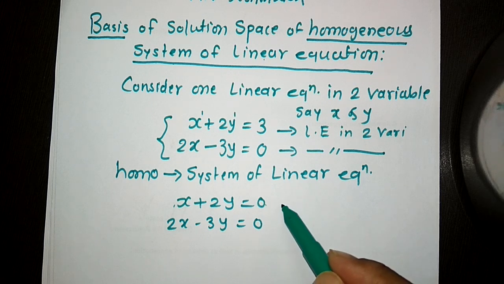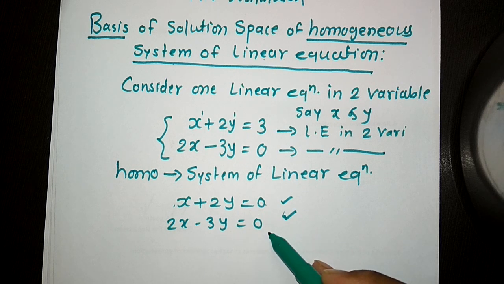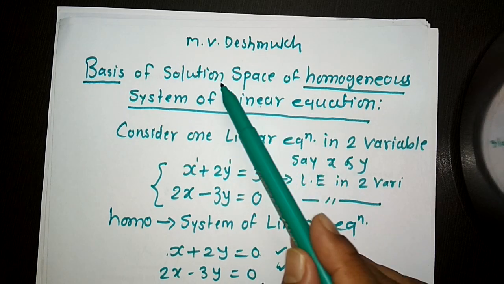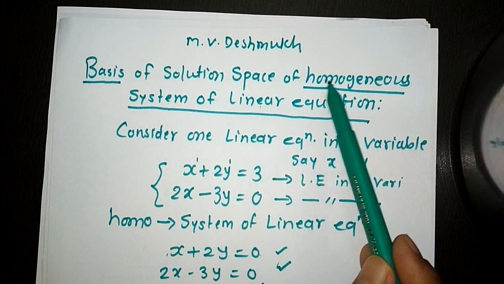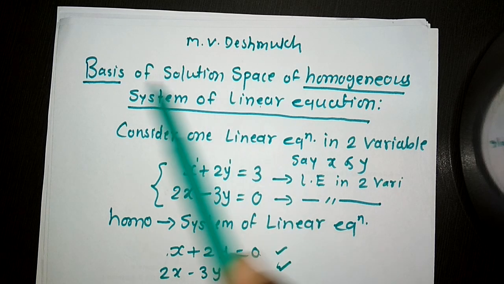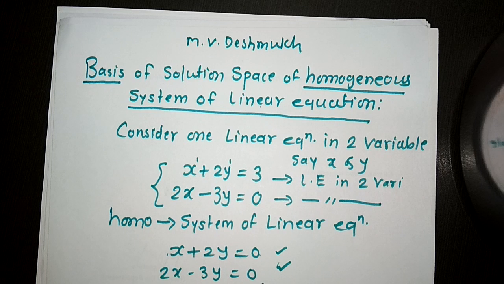Then such a system is called a homogeneous system of linear equations. Once your system is homogeneous, we have to find the solution space of the homogeneous system, and once you find the whole solution space, then we find the basis.